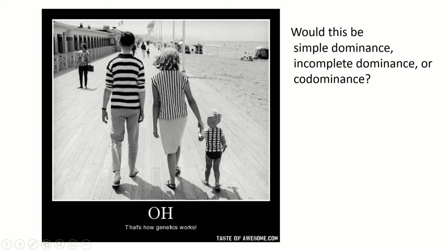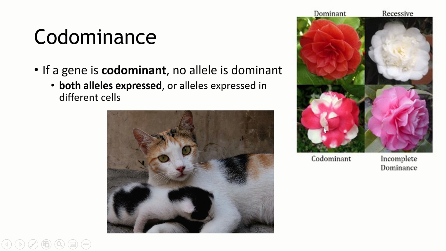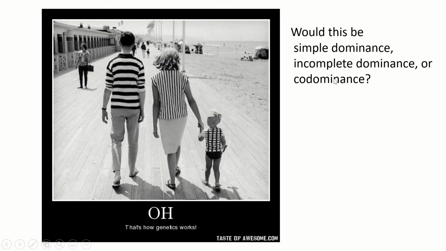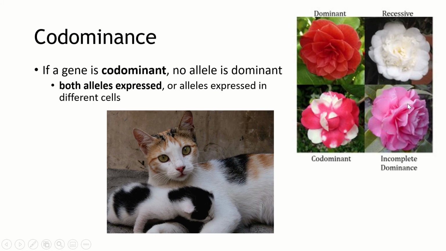But since we're seeing them both all over the shirt, that doesn't suggest codominance, because with codominance we tend to see spots, either one or the other in a certain area. So this is most likely incomplete dominance, because we are seeing both the horizontal and the vertical stripes expressed in the same place at the same time, much like red and white make pink.